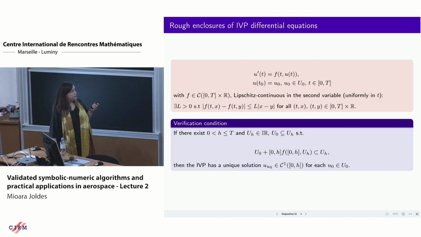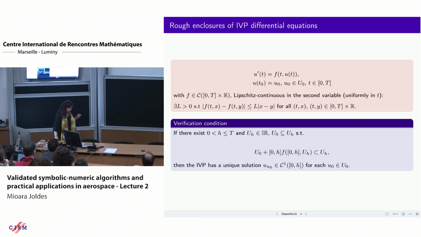So in this case, if I have that my vector field is Lipschitz continuous with respect to the second variable, then I know that there is a unique solution in some neighborhood of the initial condition for some time step, but I don't have explicit bounds on this.